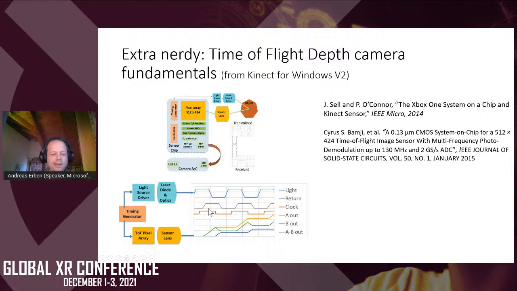And so it can make a guess: okay, I get light back here and it has this phase, right? Because it's a specific phase signal, it can make a guess on when it was sent out. And because it has multiple light emitters and not just one, it is able to disambiguate, I think is the term, the time the light took to each pixel, relatively precisely in a specific range of distance. Again, read the article for all the details. It's really cool.